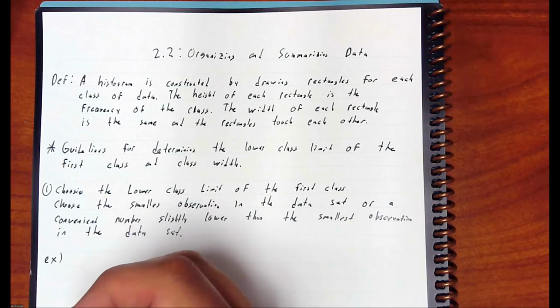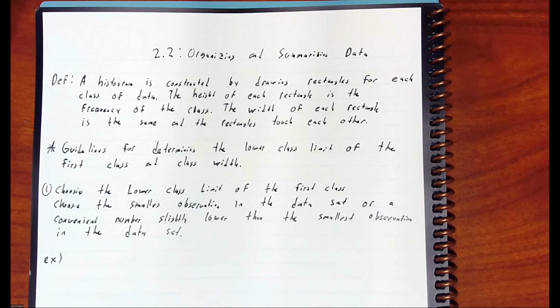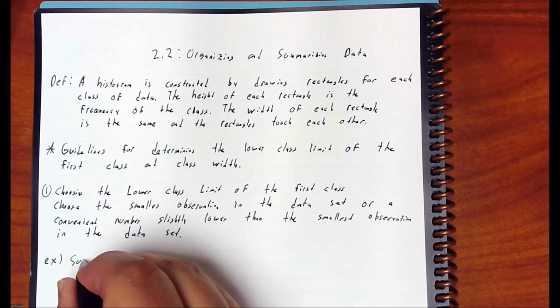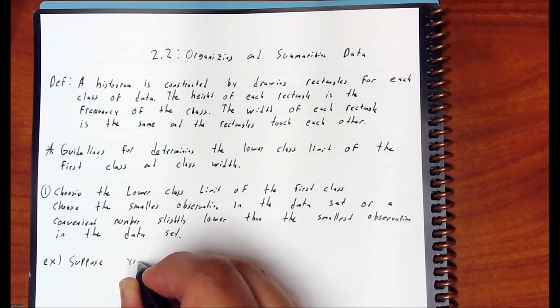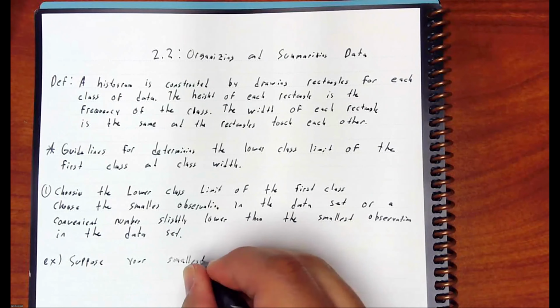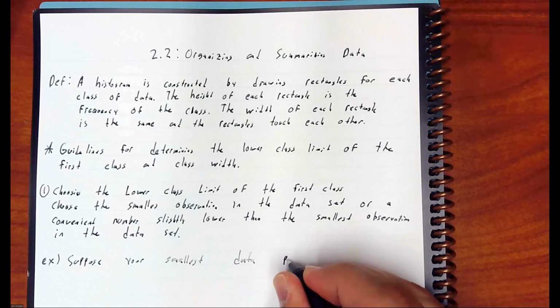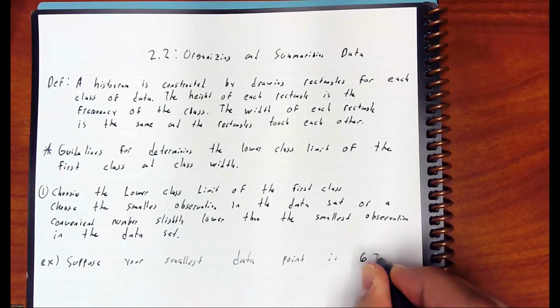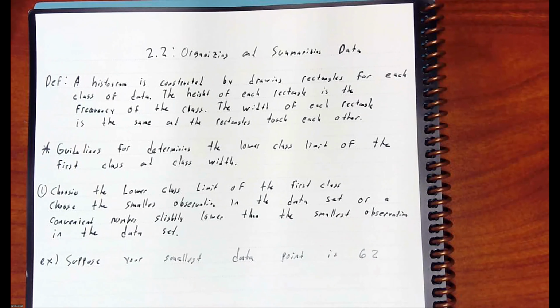As a quick example to explain that, number one, so we have a big picture. Let's say you have a category. Suppose you have a list of numbers, a big table of data points, and your smallest data point is 62.